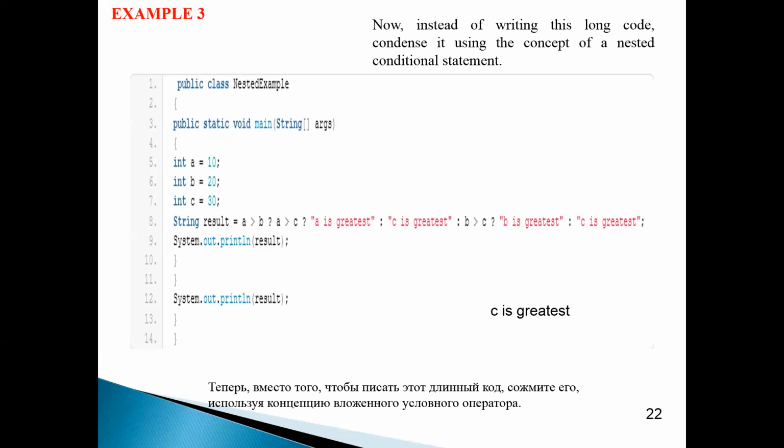In this case, c is greatest because integer a equals 10, integer b equals 20, and integer c equals 30. And we can see that variable c is greatest.